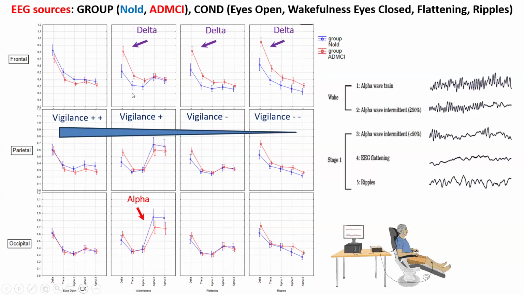In this picture, we reported the results of an experiment on a group of normal elderly participants, in blue, and one group of patients with mild cognitive impairment due to a neurodegenerative disease during aging, the Alzheimer's disease, AD.